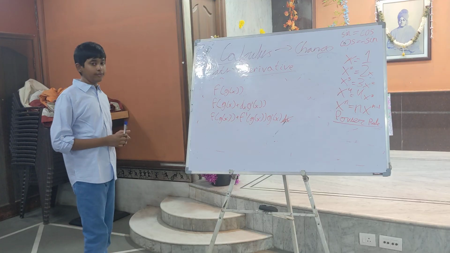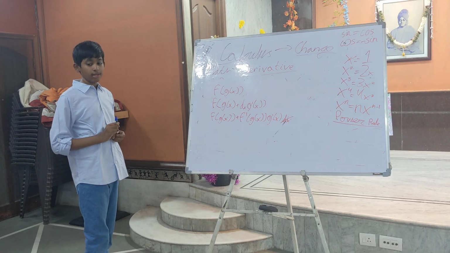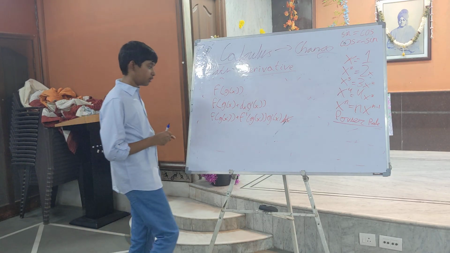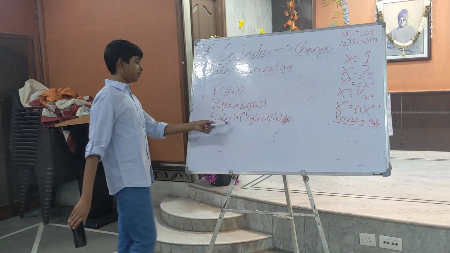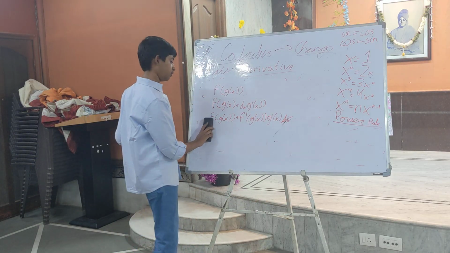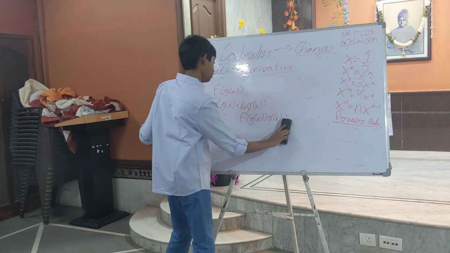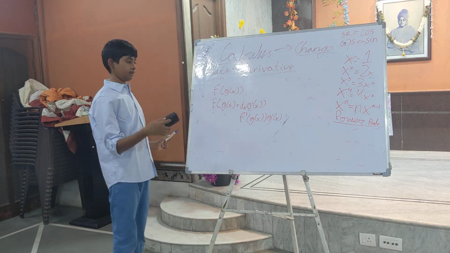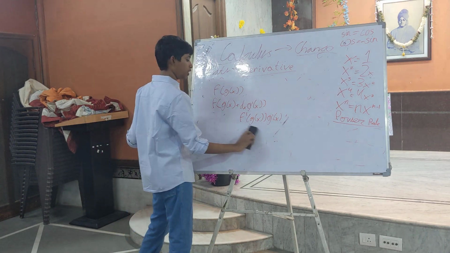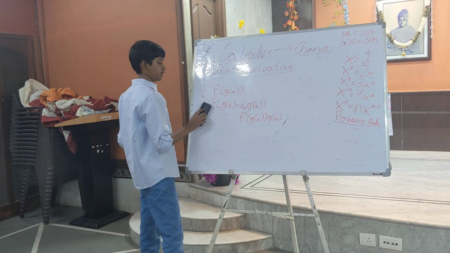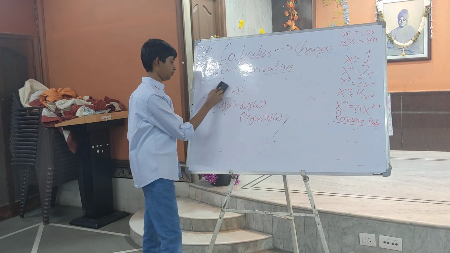So we've done a lot thus far. I'll give you some time to note this down. Just note down the chain rule as well: f prime of g of x times g prime of x.